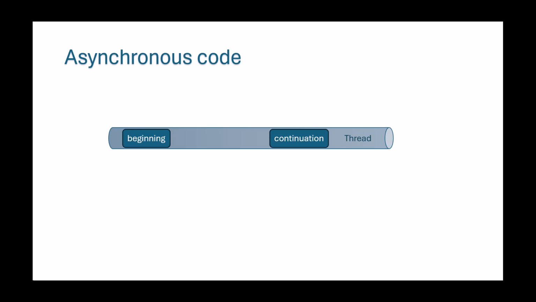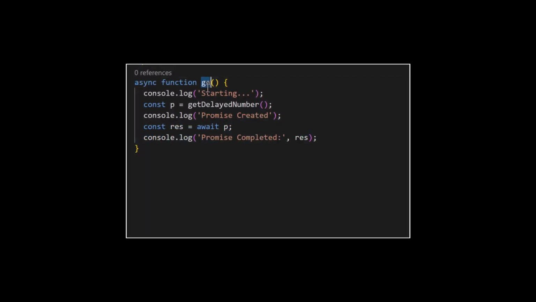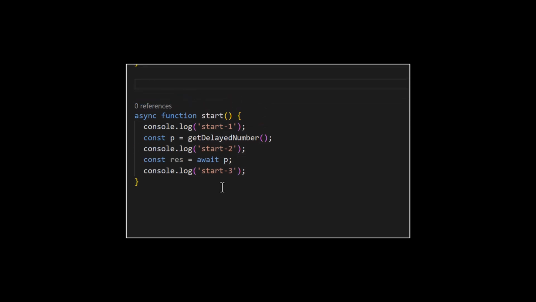Each part of the function, both before and after the await, runs instantly and is fully synchronous in itself, but the overall function is split into these two pieces. To illustrate the fact that these functions run in a completely synchronous manner and that the function essentially ends before the await, I want to separate the asynchronous part into a different function.